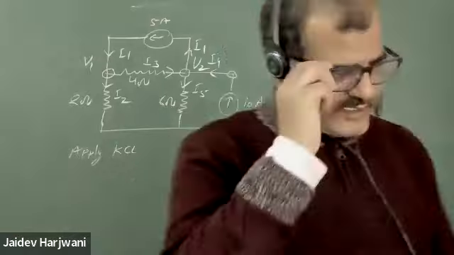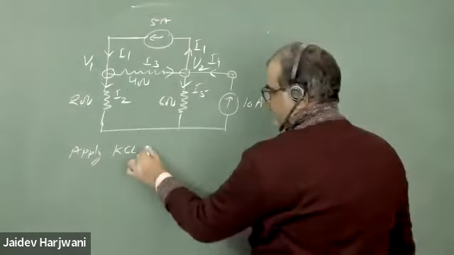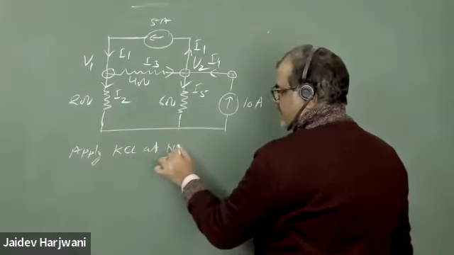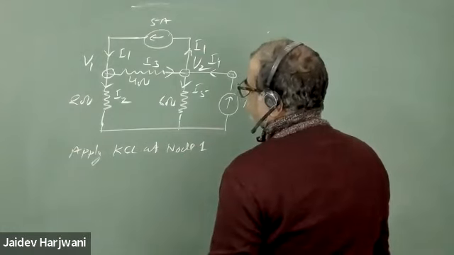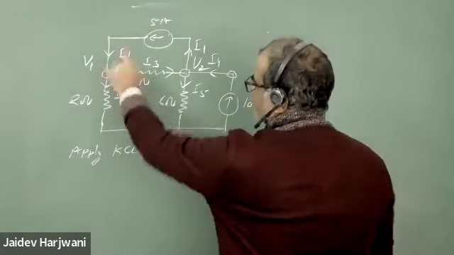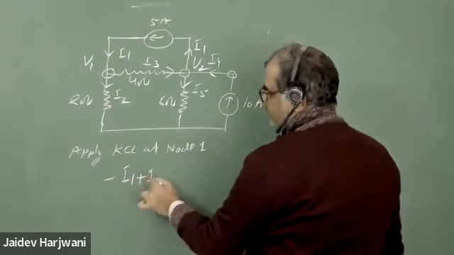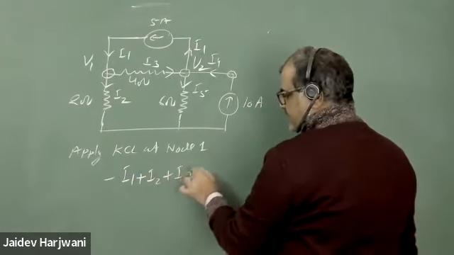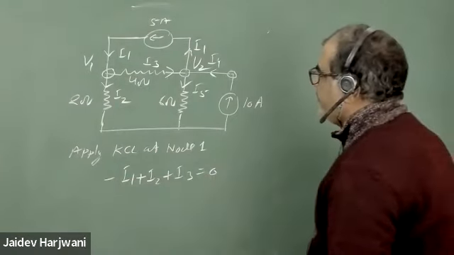Okay. Now apply KCL at node 1. So at node 1 we have 3 currents. 2 are outgoing, 1 is incoming. So I can write minus I1 plus I2 plus I3 equals to 0. Okay. Now what is the value of I1?